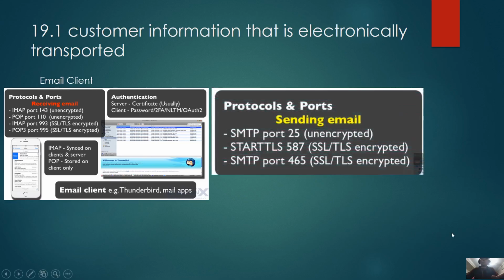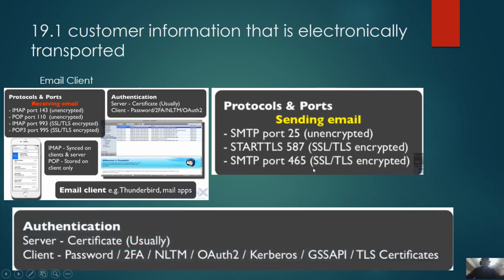Okay, and there are other ports and protocols they can use. It could be SMTP and STARTTLS. As you can see, there are a number of ports: 25 for SMTP, 587 for STARTTLS, and 465 for SMTP over SSL. For client authentication, we can use Kerberos, GSSAPI, or TLS certificates.